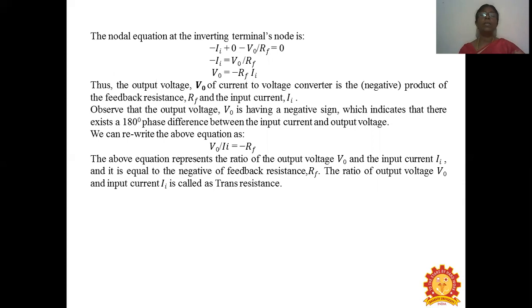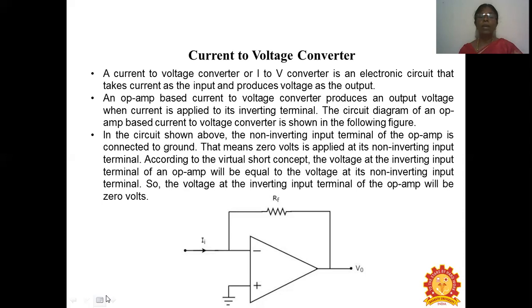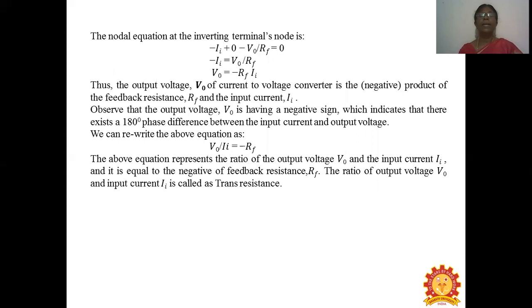By using the nodal equation at the inverting terminal node, here we are applying Kirchhoff's current law. According to that law, minus Ii plus 0 minus V0 divided by RF is equal to 0.